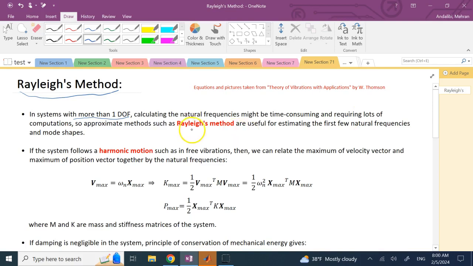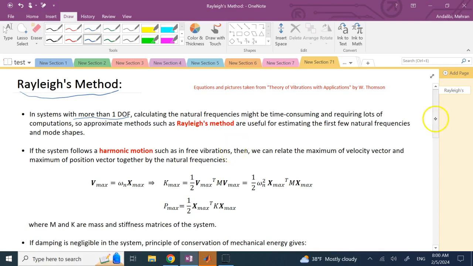So you might want to use approximation methods like Rayleigh's, and other methods in the literature, to come up with the first few natural frequencies and mode shapes, so you can avoid them in your design. Okay, so that's one reason.